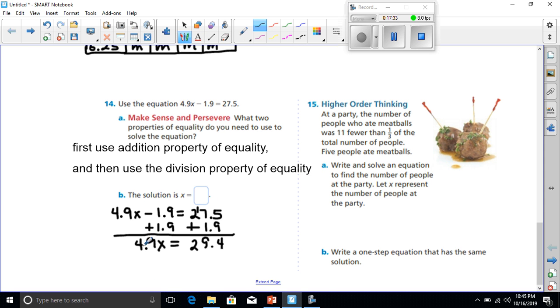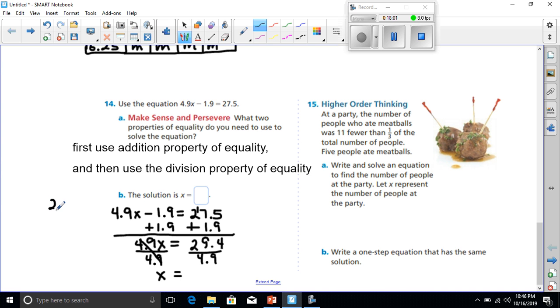Using the division property of equality, since I'm multiplying here, I do the opposite, which is division. I'm going to divide 4.9 away from x. And whatever I divide from one side, I have to divide from the other side. Well, this is going to go ahead and get rid of that, which leaves me x by itself. Now I have to find out what is 29.4 divided by 4.9.